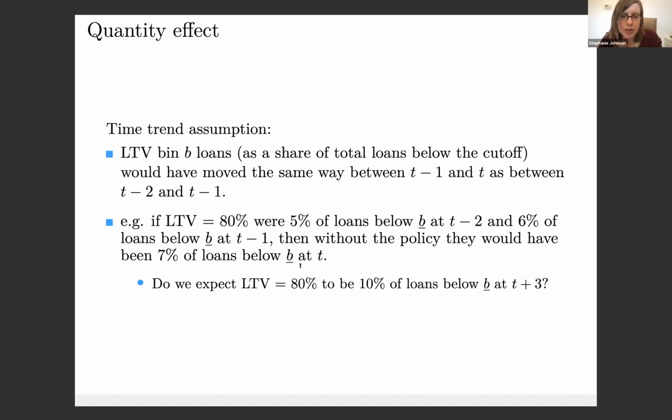But then do we expect this bin share to be 10% of loans below the cutoff at t+3, extending it linearly? I'm not sure I'm interpreting it the right way.